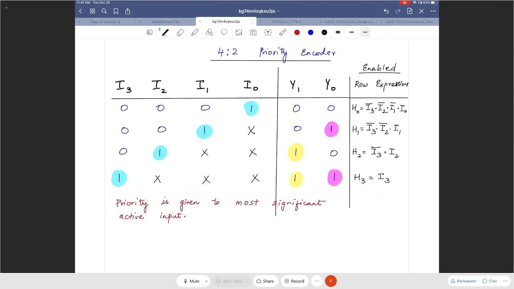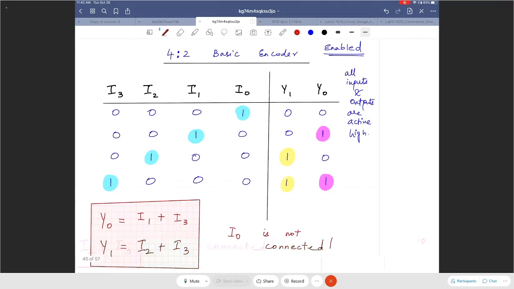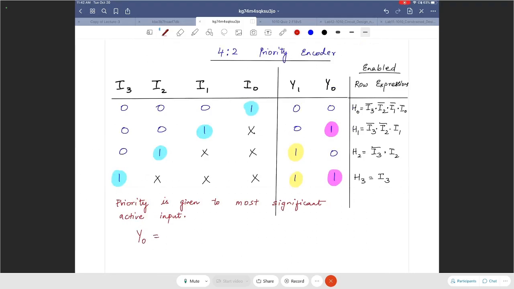Okay, so what would be the expression for Y0 now in terms of row expressions? So instead of adding I1 and I3, I2 and I3, I would add H. So for Y0, you have H1 or H3.